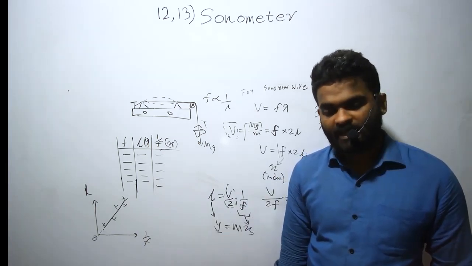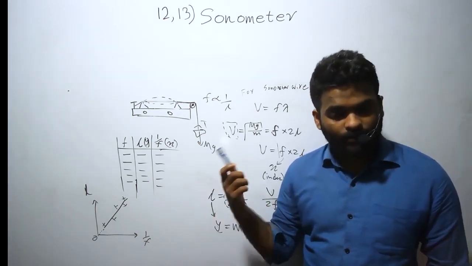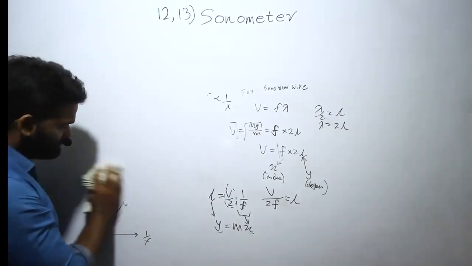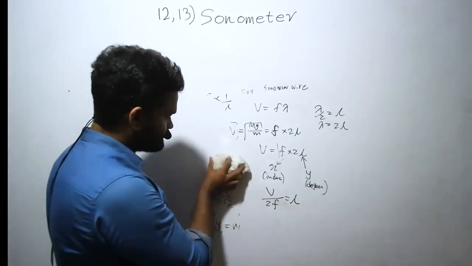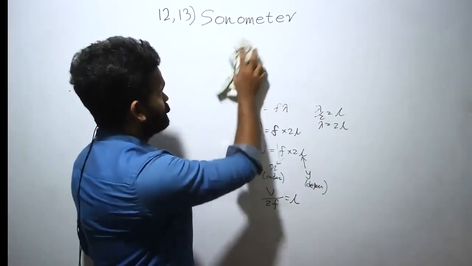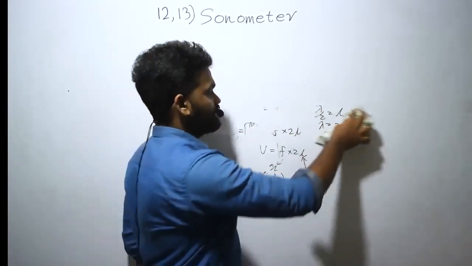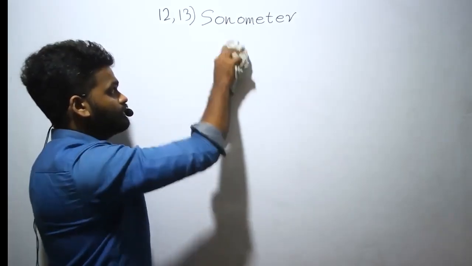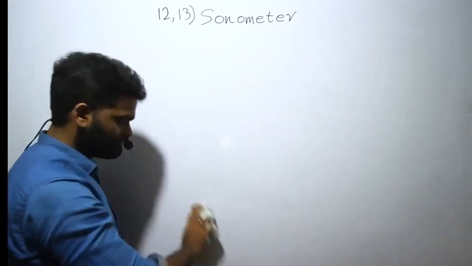Unlike in 12th, graphical method is used here to verify the relationship between simple F and simple L. Right?